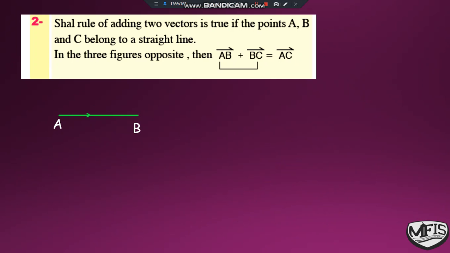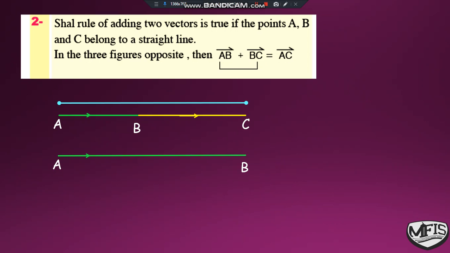In the first figure, AB plus BC, I take the start point and the end point, so the resultant will be AC.